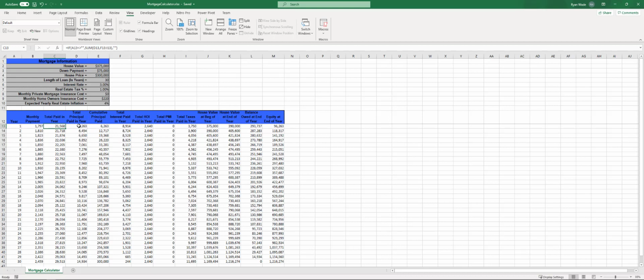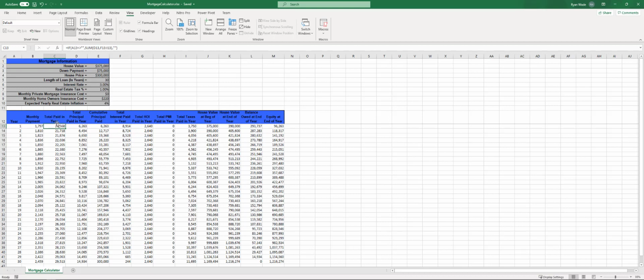And that includes column D, which in this case is the total principal paid in year, plus the total interest paid in year, plus the total homeowner's insurance paid in a year, and also added to that is the total private mortgage insurance paid in the year and the total taxes paid in the year. So this cell right here holds the total cost paid in a given year.